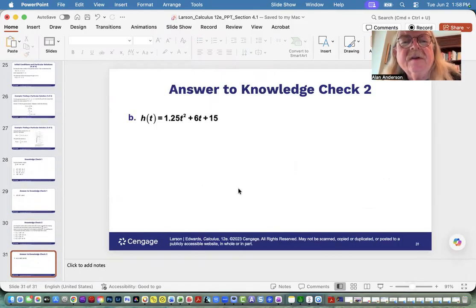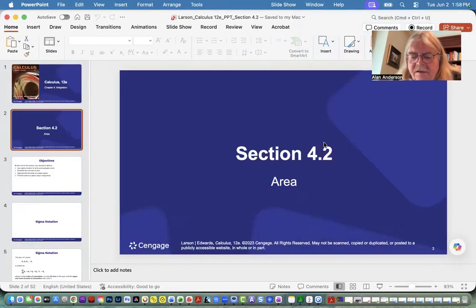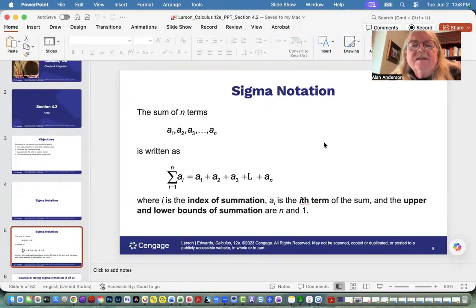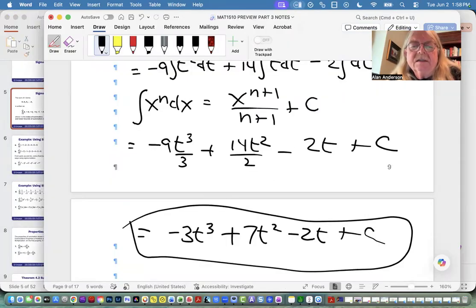All right, so we don't have to do every single one of these. Let's move on to 4.2 and area. They're giving us some more background here, but keep in mind where this is going.